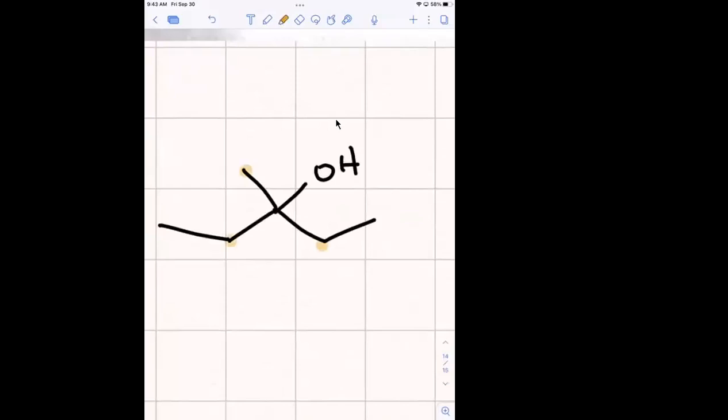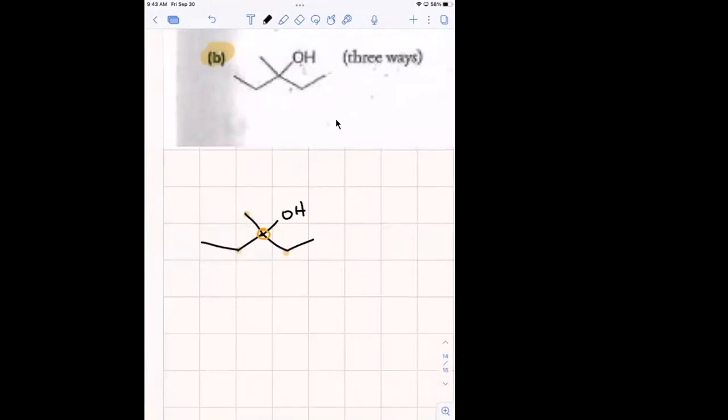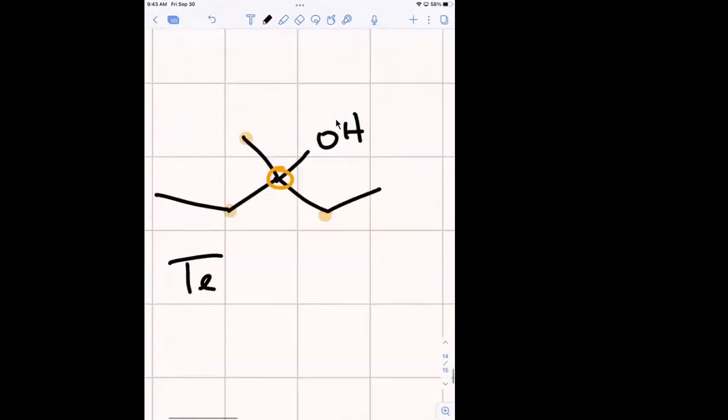We got 3 carbons bound to that central carbon. So what is it? Is it secondary? Is it tertiary? Is it extraordinary? It's tertiary. All right, it's tertiary. What does that mean?